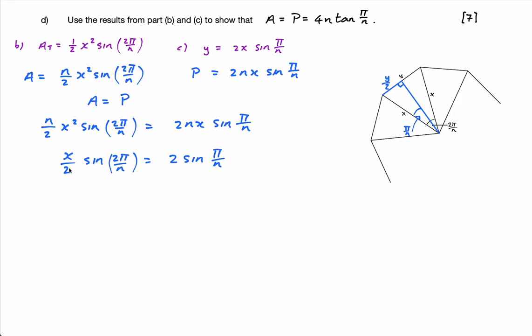Now we're trying to find x ideally in terms of pi over n. So this is the first kind of trick that I need to apply. If you remember, the double angle formula. How do I know to do this? Well, I've got an equation with two different angles, but this is double this.